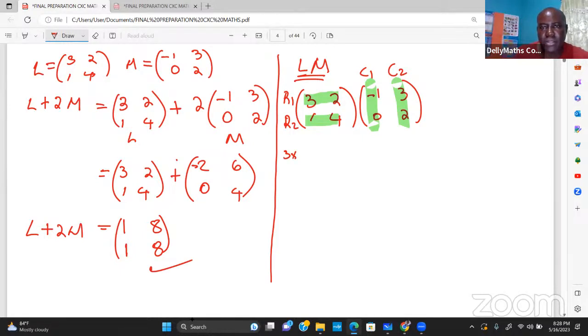Row 1 times column 1: 3 times -1 plus 2 times 0. So that's row 1, column 1. Row 1, column 2: 3 times 3 plus 2 times 2. Let's go further.